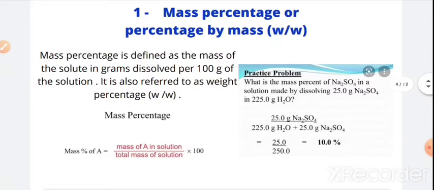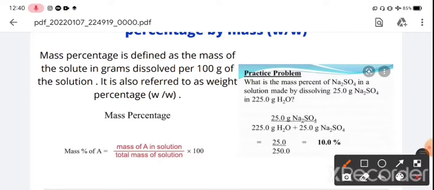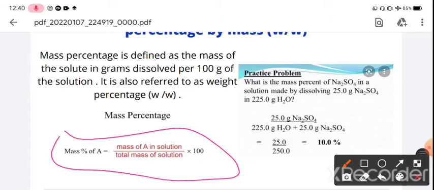Mass percentage is defined as the mass of solute in grams dissolved per 100 grams of solution. Here is the main formula: the mass percentage of A, the solute, is the mass of A in the solution upon the total mass of the solution, into 100.